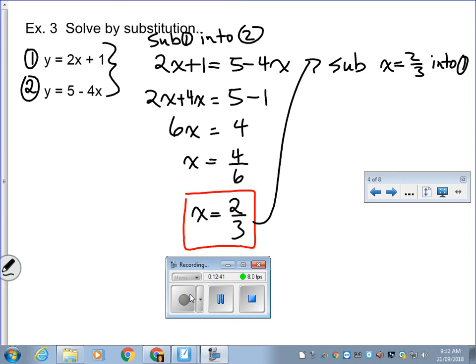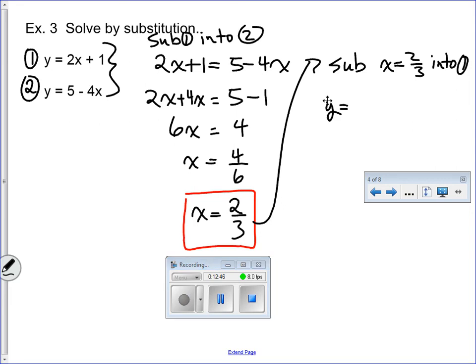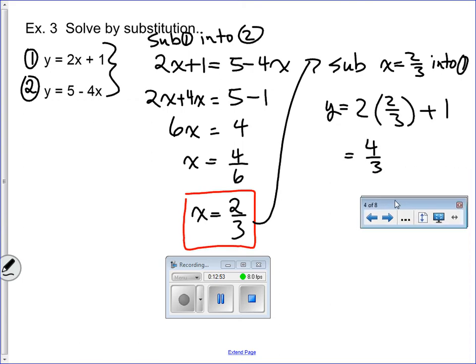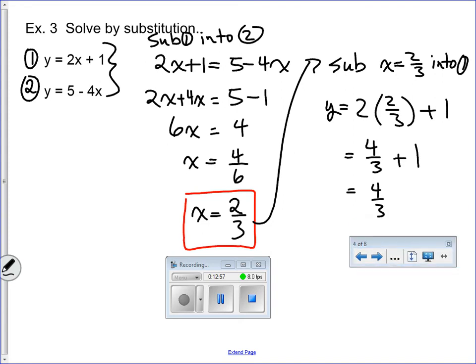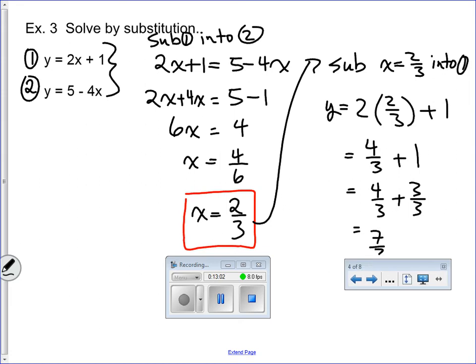So now we're substituting back into 1, so we're going to get y is equal to, well, 2 times 2/3 plus 1, which is 4/3 plus 1, which is just 4/3 plus 3/3, which is just 7/3. So y is 7/3.